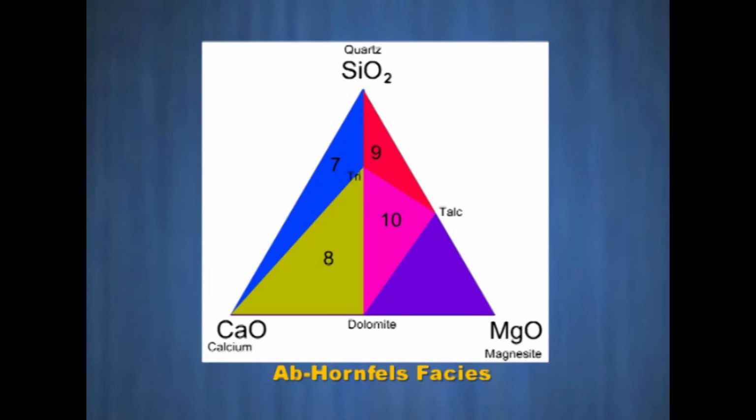If impurities are there, then we can see how tremolite and talc are formed. Magnesite plus silica react and form talc, that is magnesite plus quartz give rise to talc. Another reaction is magnesite plus calcite plus silica give rise to tremolite.